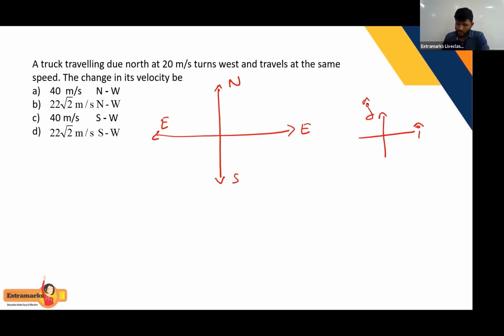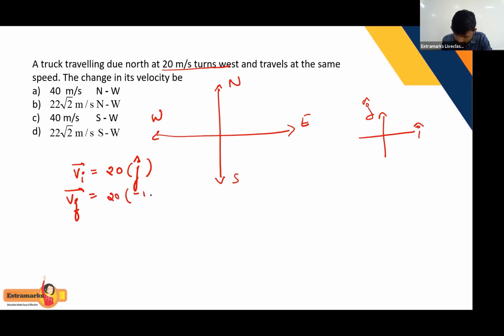Now the initial velocity of the particle is towards north, that is 20 j cap, and it turns west, so final velocity will become 20 minus i cap.